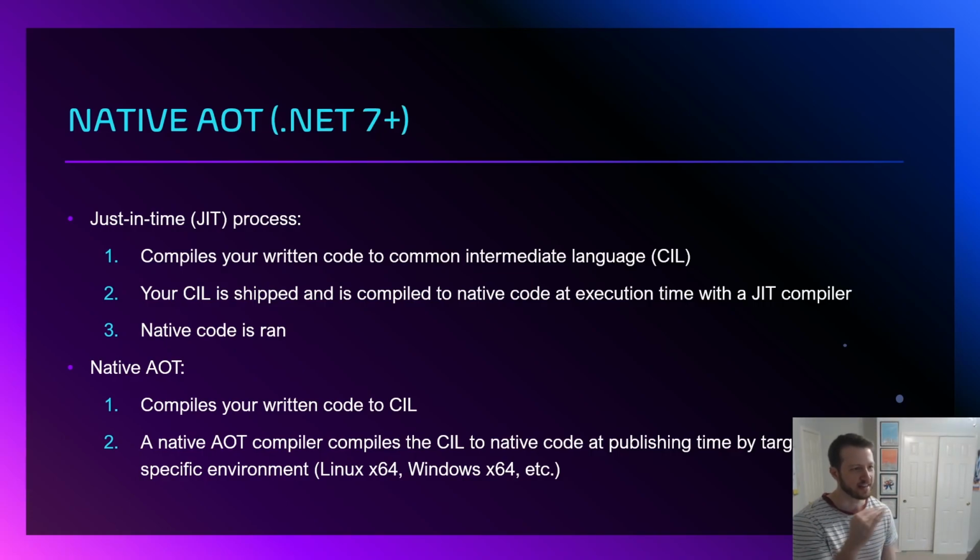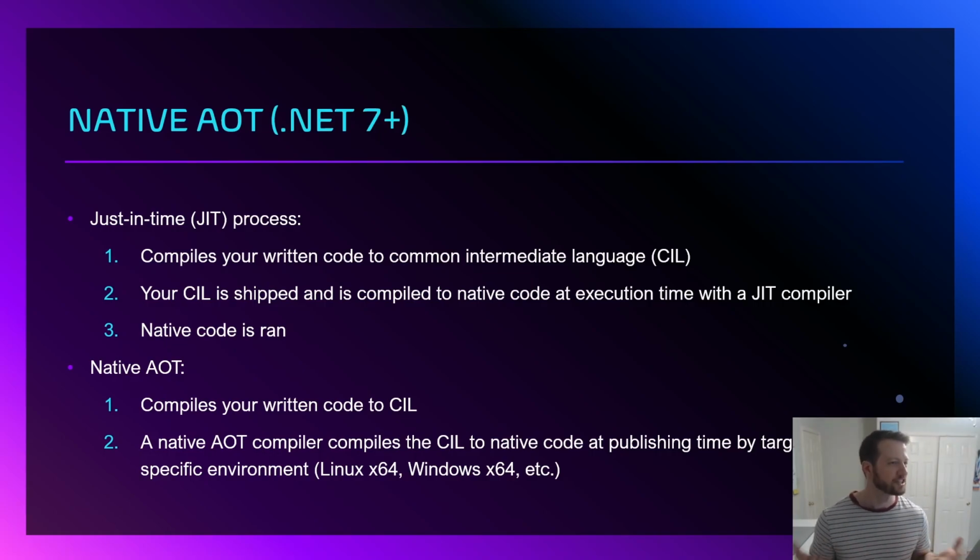Finally, that native code is what gets run. With native ahead-of-time compilation, your code still gets compiled down to IL, but then at publishing time, you choose a target, like Windows x64, that you want to publish to specifically. The AOT compiler will compile specifically for that target environment, and then you ship that.